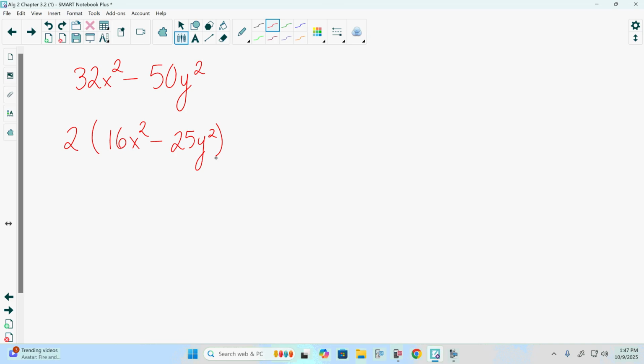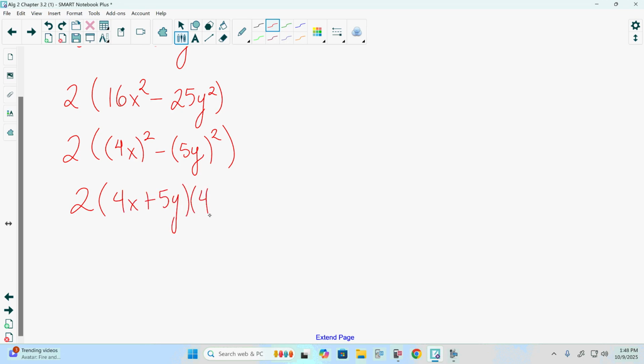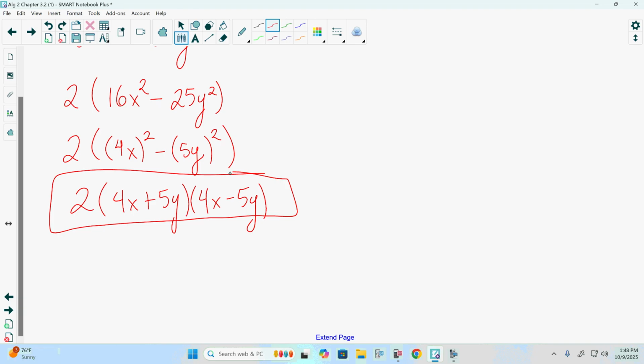16x squared minus 25y squared is indeed a difference of perfect squares, which would have been 4x and 5y. So this one still does work the same way.